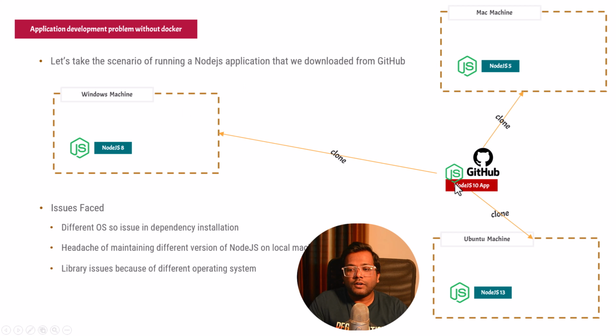This can happen for different languages too, like there can be library issues because the applications are being used in different operating systems. So these are the different issues that you can face during your development, and Docker helps you to solve them. Say this is an application developed in Node.js 10, and when you download it, you build a Docker environment to develop this application, and it will encapsulate that particular application in a boundary of Docker, which will provide a constant operating system irrespective of your host machine operating system.